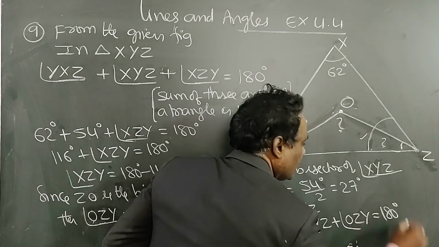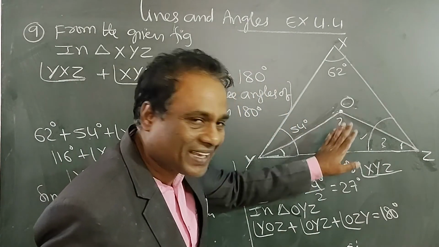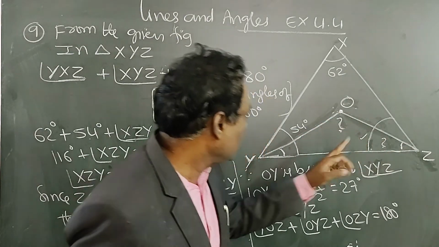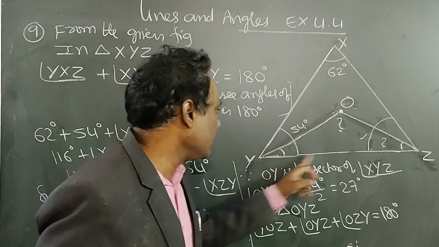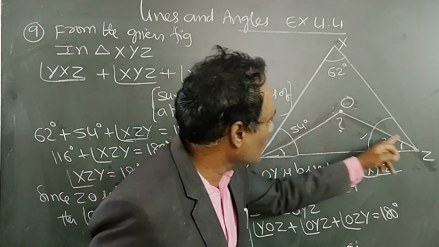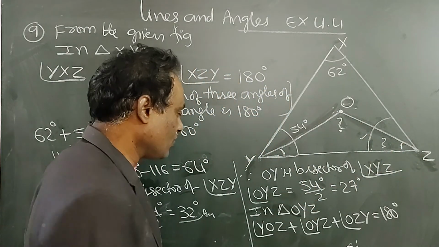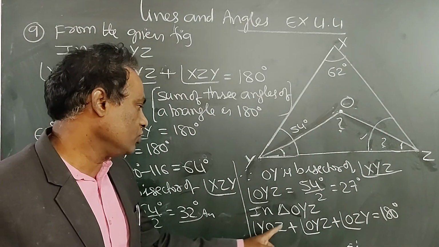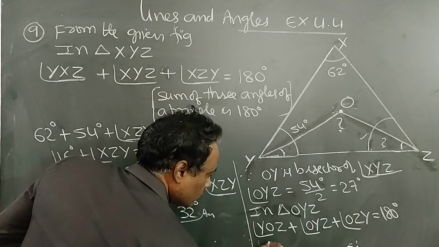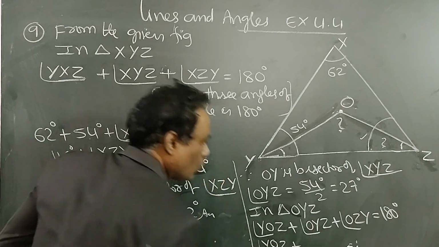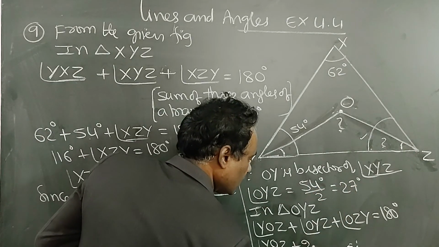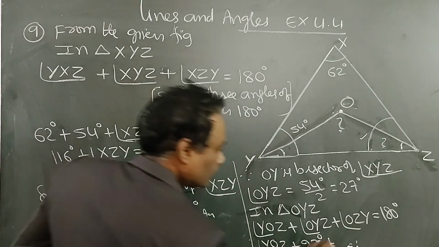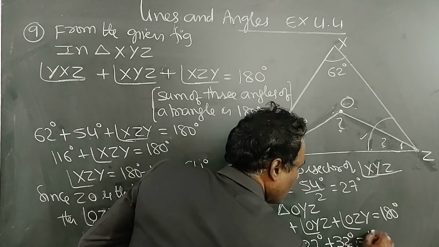Sum of three angles is equal to 180 degrees. In the smaller triangle, this angle is named YOZ, this angle is OYZ, and this angle is OZY. Sum of three angles is 180 degrees. YOZ we don't know, we have to find. Plus OYZ is 27, plus OZY is 32, is equal to 180 degrees.